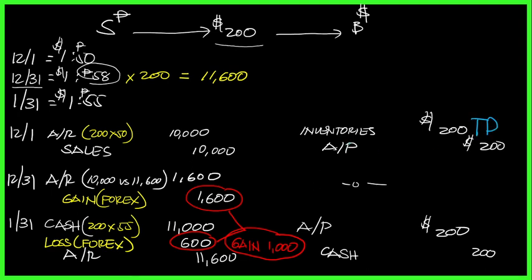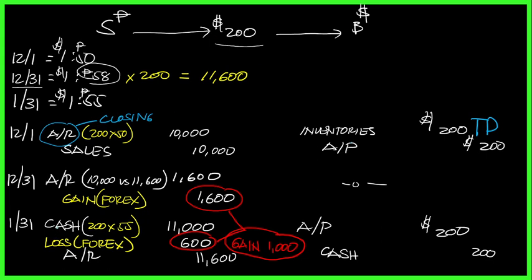But accounts payable and accounts receivable, the assets or liabilities arising from these transactions, should be valued using the closing rate. So this one should be closing. I should have written it here. This one should not be adjusted because of that.